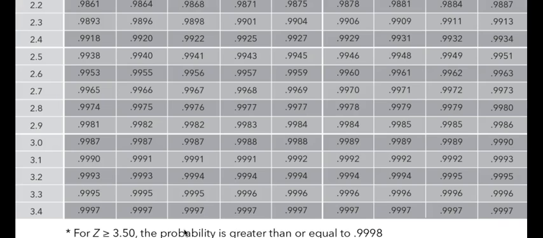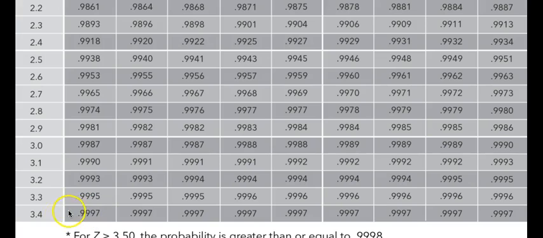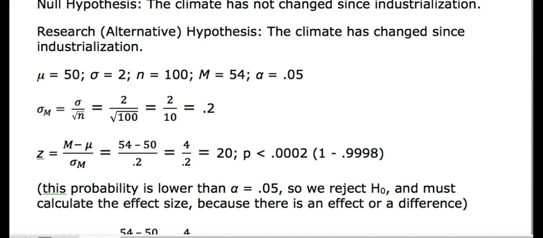So it's 1 minus 0.9998, which is a probability less than 0.0002. 1 minus 0.9998. So our probability is going to be less than 0.0002, okay?